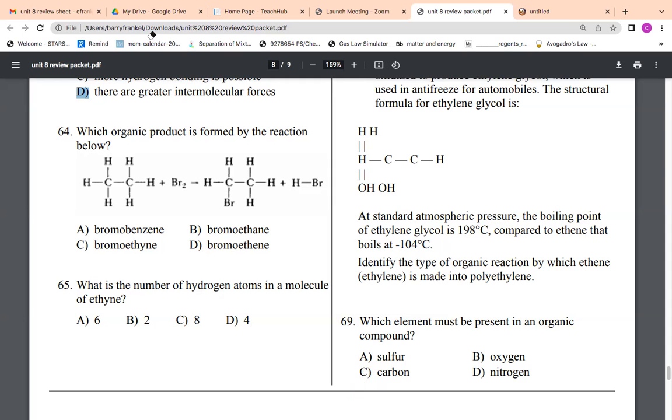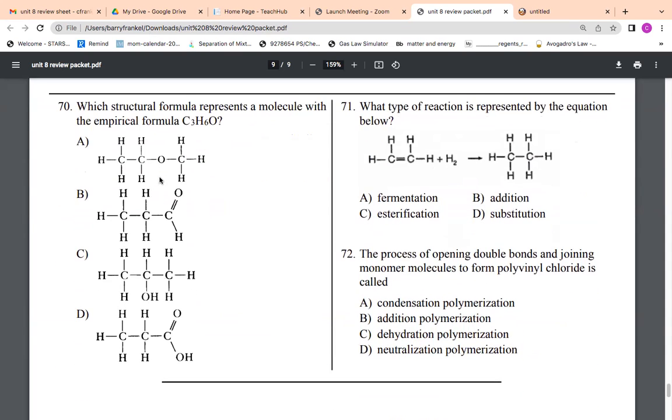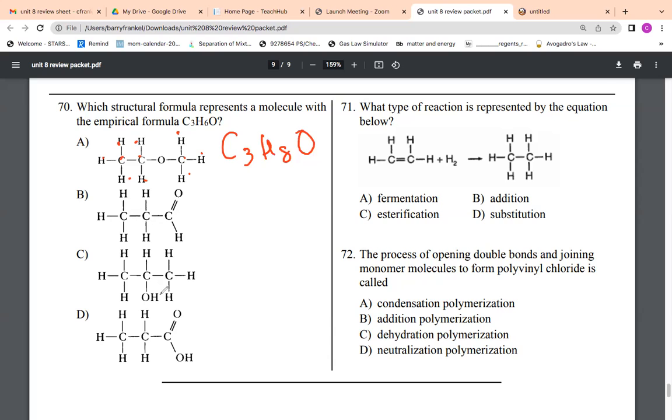Number 70. Which structural formula represents a molecule with the empirical formula C3H6O? Okay, so let's take a look at all of these. So we've got 1, 2, 3 carbons, 1, 2, 3, 4, 5, 6, 7, 8 hydrogens and 1 oxygen.